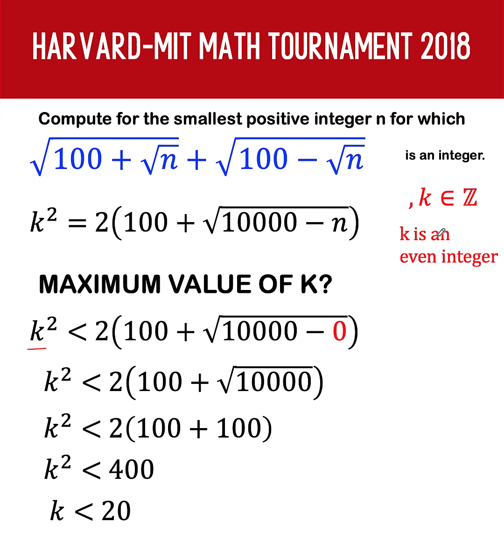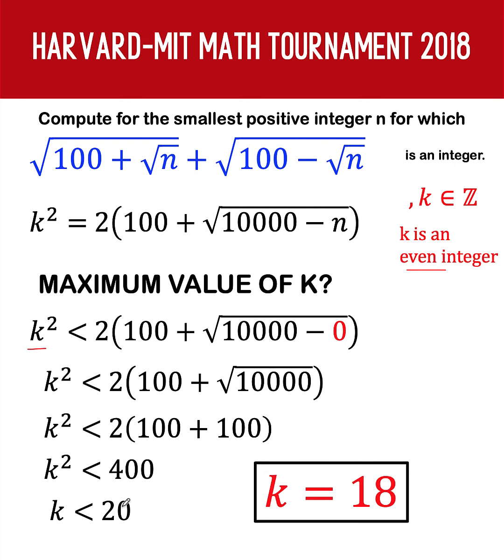Since k is an even integer and k must be less than 20, then the next even integer that is less than 20 must be 18. So when k equals 18, that means the value of this blue expression is 18. That will give us the smallest positive integer value for n that satisfies this problem. So we can now substitute 18 for this k.